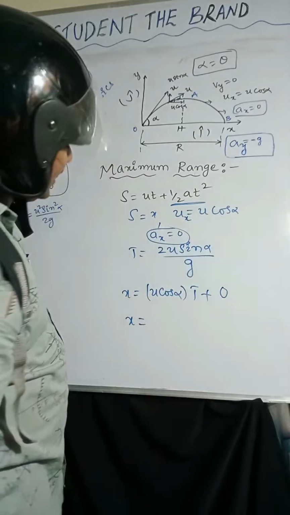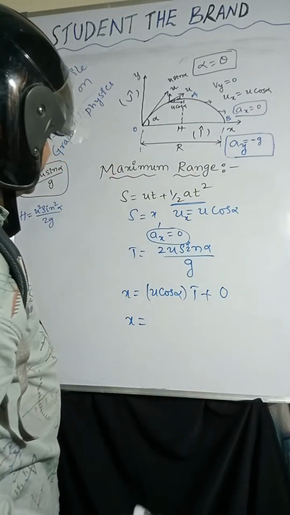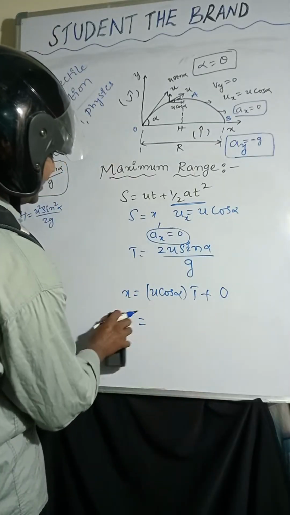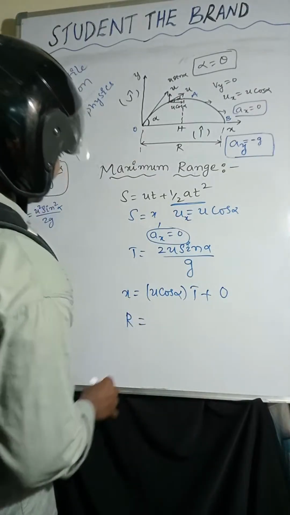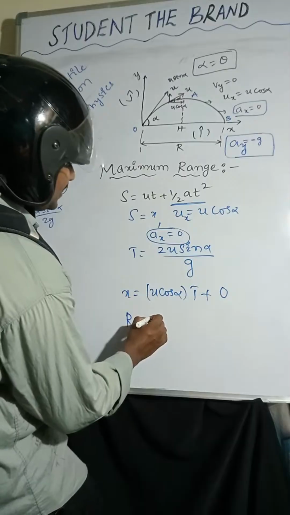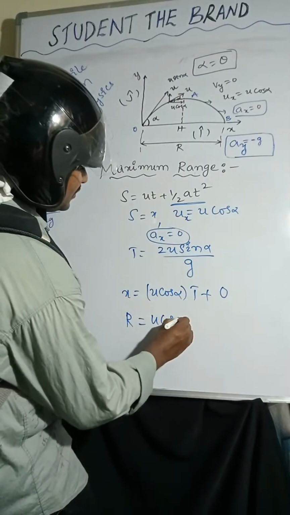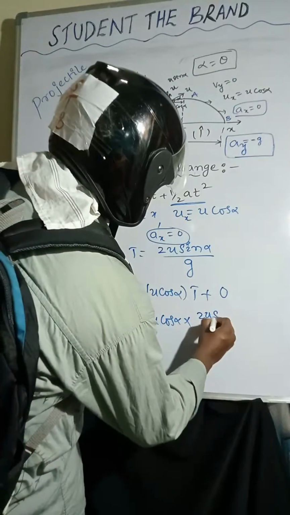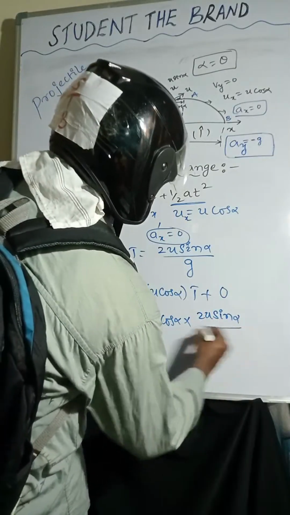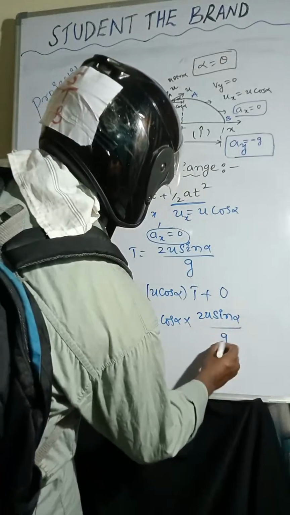Horizontal component, shall I write maximum range? So while I'm substituting t, I'll write maximum range, that is R. R equal to u cos alpha into 2u sin alpha by g.